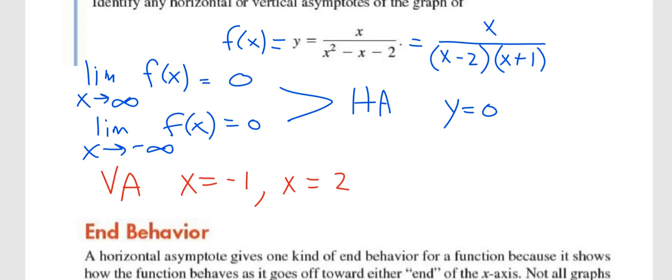Would you look at the factored form that you told me about up here? Look at the factored form denominator. What would cause a problem for that denominator?